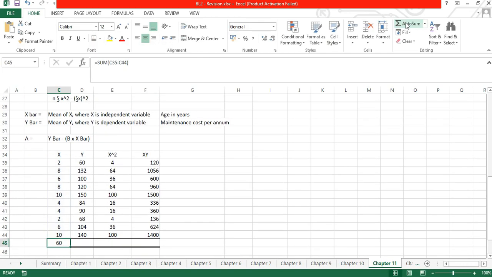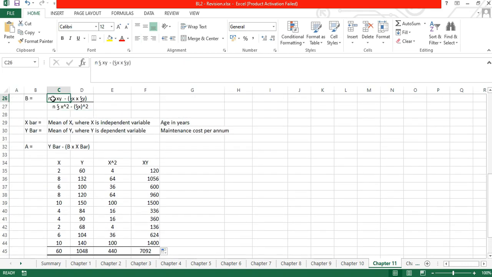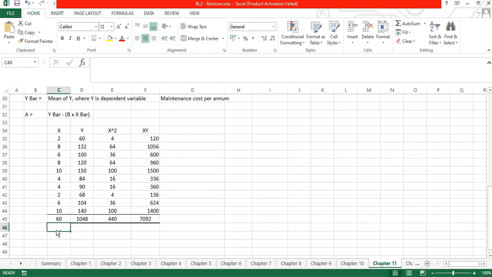Now take the totals here. Right. So let's name it. Let's use the letter sigma. This is sigma x. This is sigma y. This is sigma x squared.